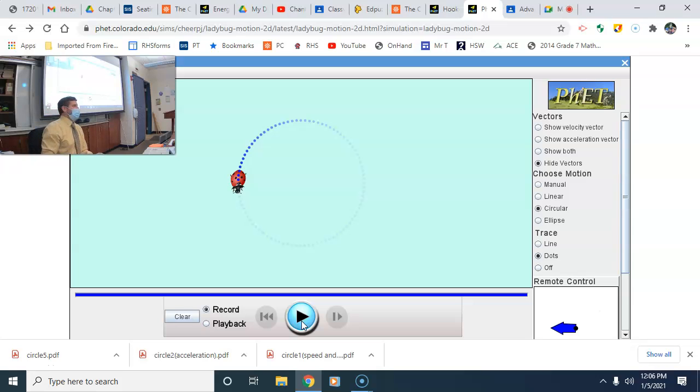If anything's going through a turn, it is incorrect to say it's going with constant velocity, because velocity cares about magnitude and direction. When you're going through a circle or a curve, every moment you're changing direction, right? Every single moment. So constant speed would be really the only other thing we could describe about this thing other than going in a circle. And now I'm going to click on some vectors we could show with this stuff.